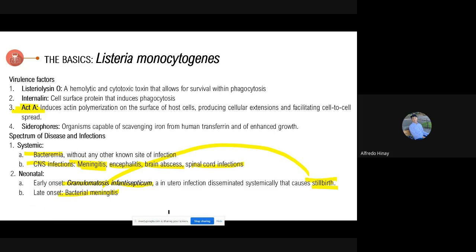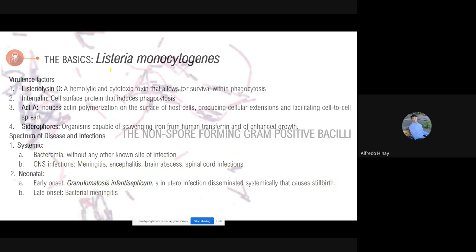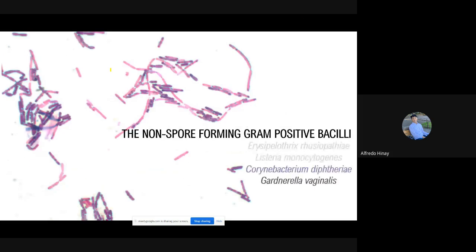Even with the virulence factor and also the disease manifestation, the culture characteristics are almost the same. So we need to be careful in identifying your Listeria monocytogenes from your Streptococcus agalactiae. So we are done with your Erysipelothrix and Listeria.